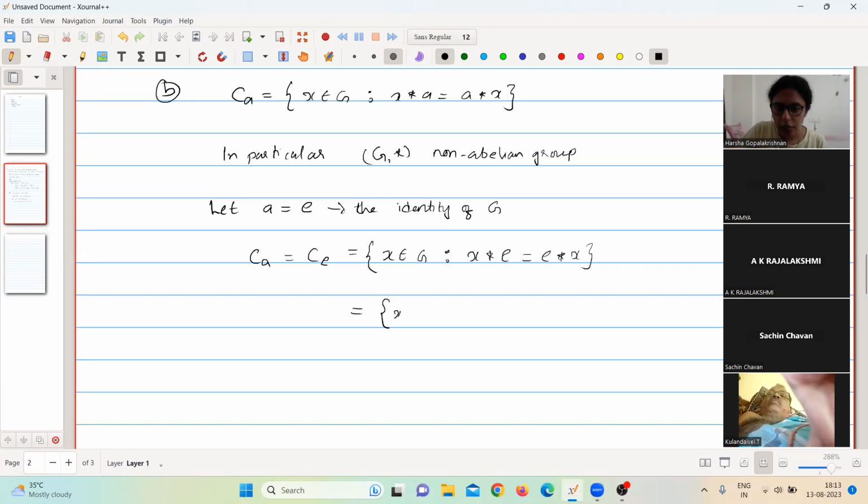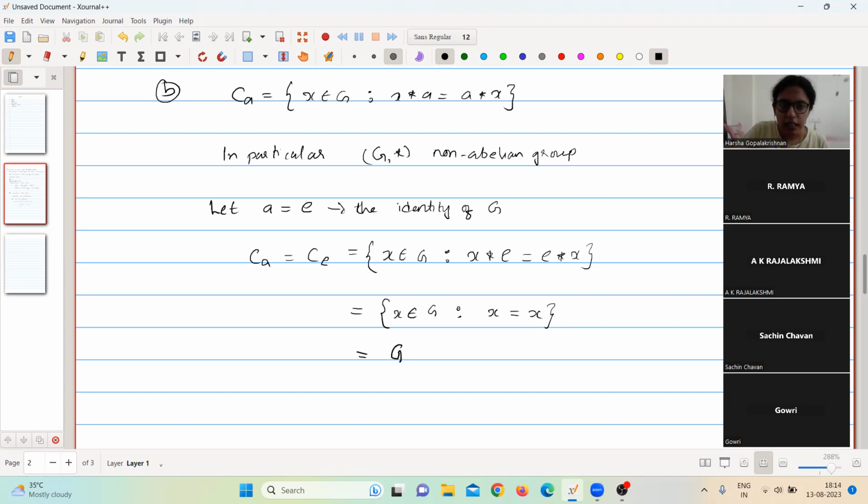I will write one more time. x star E is the same as x, and E star x is the same as x. So every element in G. So this is the set of all elements in G which is identically equal to itself. That is the same as the group G itself.